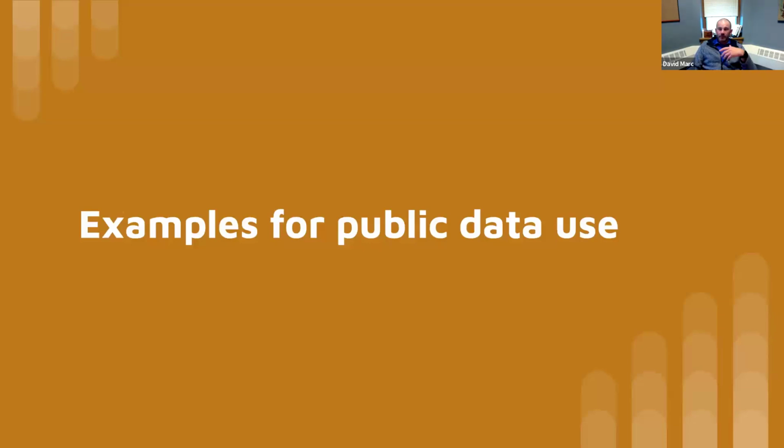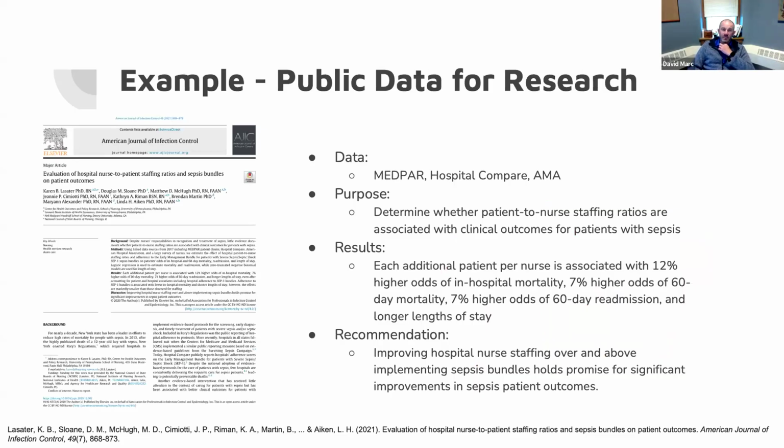So here are some examples of using public data in different ways. Here's an example of using public data for research. This was a study that was published in 2021 where they used MedPAR and Hospital Compare and data from the American Medical Association. And they used this data to determine whether patient to nurse staffing ratios were appropriate in the relationship with various clinical outcomes.